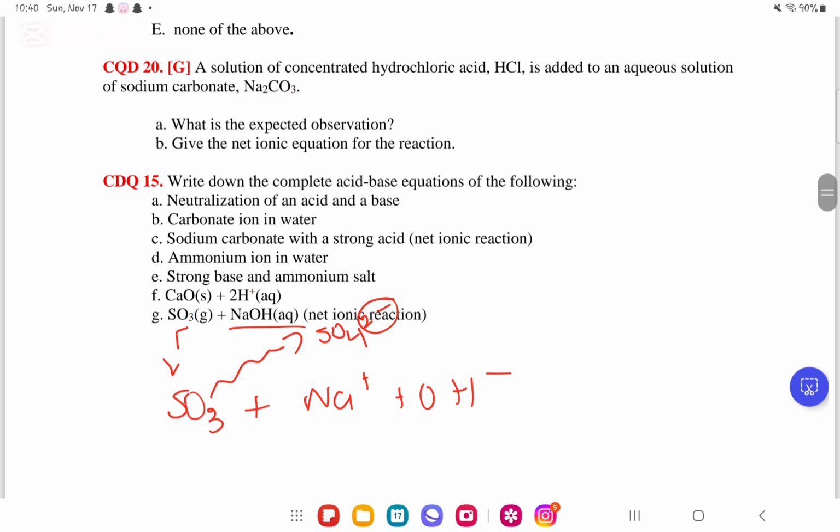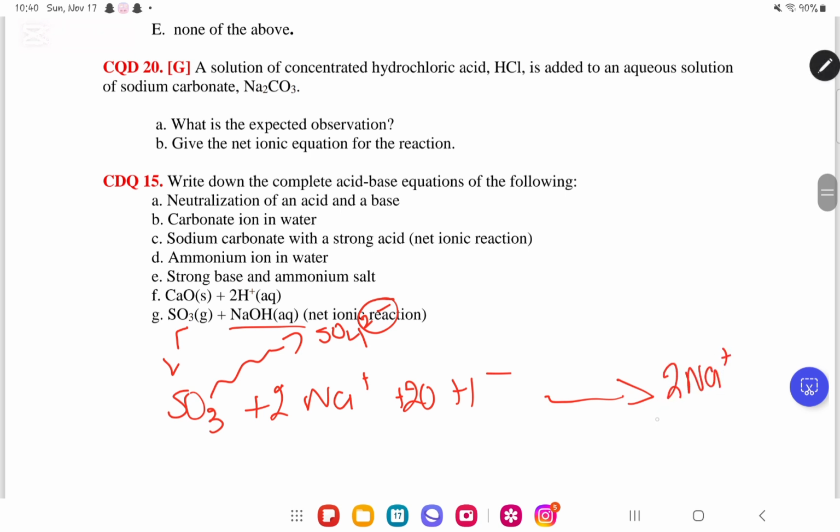So to balance it, we need to give 2 to all of the ions. Okay, so it will give us a full reaction because NaOH is a strong base. It will fully ionize, okay, and it will give us 2 Na+. It will stay as Na+.